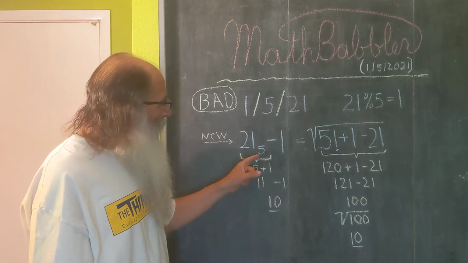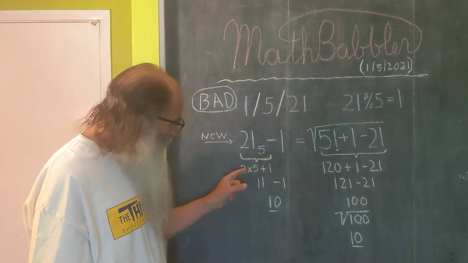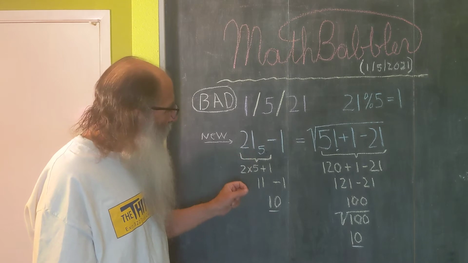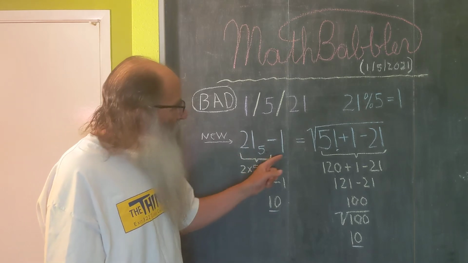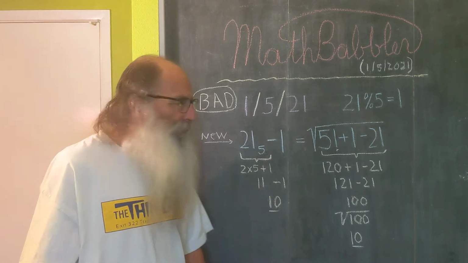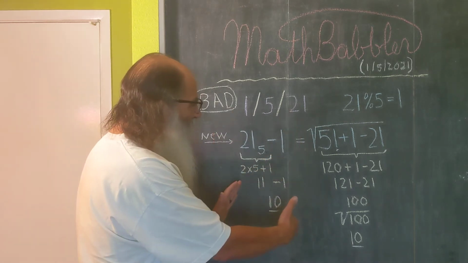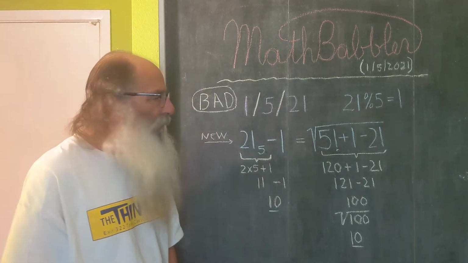And when we do, well, now we have 2 units of 5, which is 10, and 1, 1. 2 times 5 is 10, plus 1 gives us 11. Now when we subtract away the 1, we get 10. So the left-hand side of our equation here evaluates to 10.